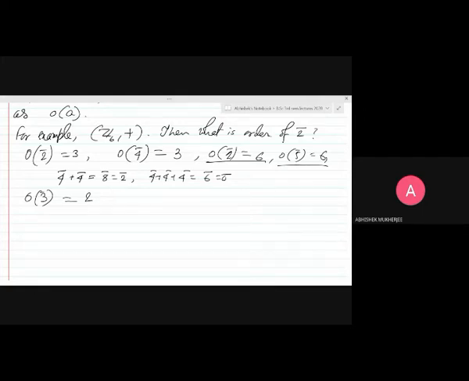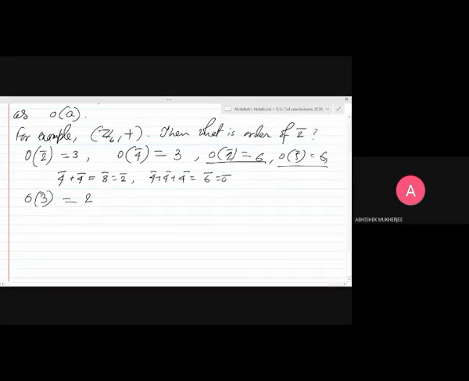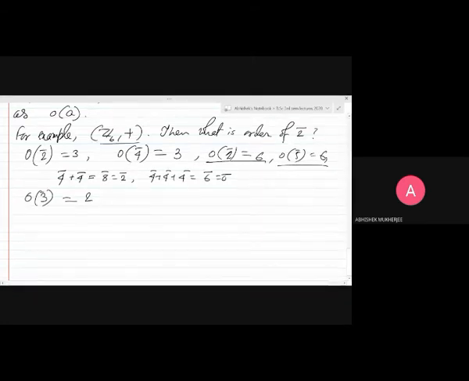So that's an interesting observation. Whenever we are looking at the generators of a finite group, their orders may be equal to the order of the group.